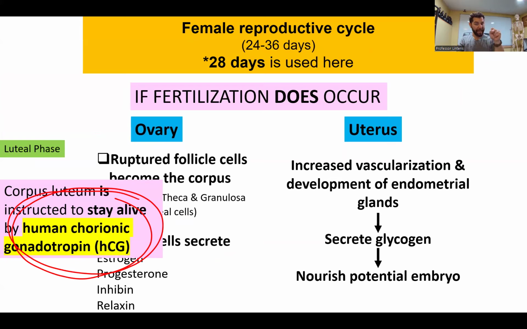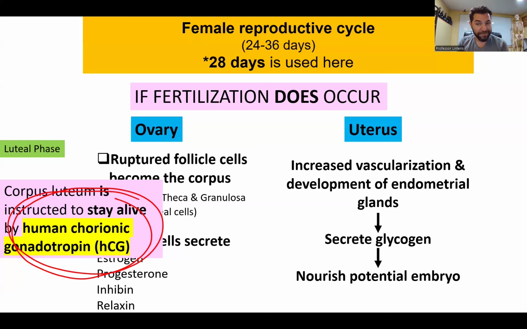That corpus luteum is there. It's making stuff. The presence of something called HCG, human chorionic gonadotropin, which will be produced by the developing zygote, tells that corpus luteum that fertilization has occurred.